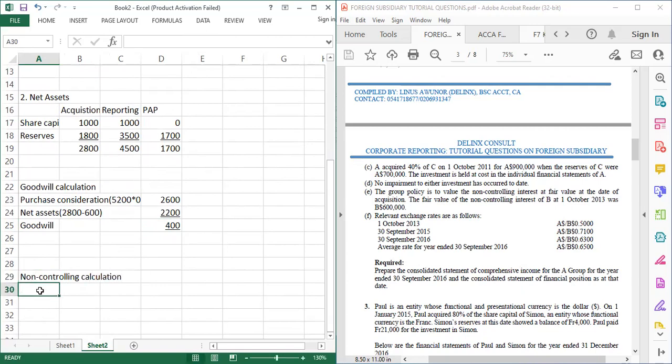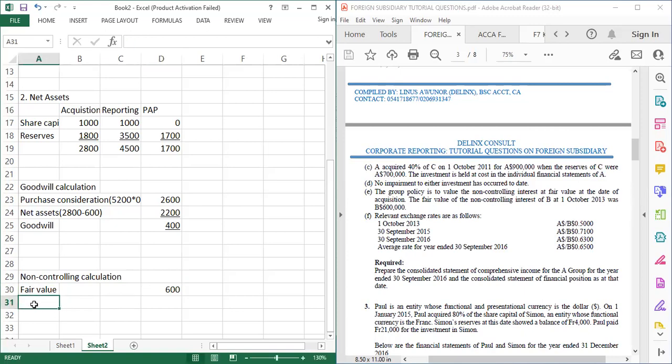Okay. The NCI, we look at their fair value. How are we going to do it? Are we going to do it in the foreign currency and translate it at a closing rate, or do it and add? Okay, let's do the first one. Let's do it in the subsidiary's currency, which is 600.